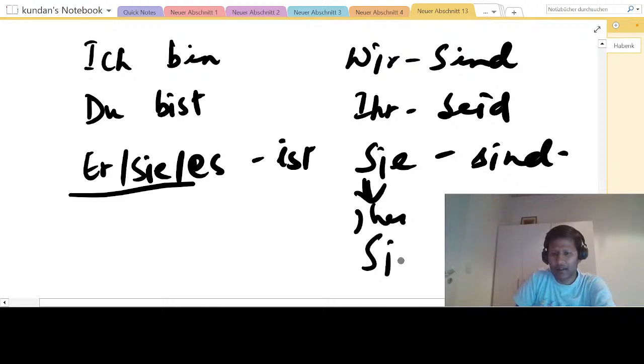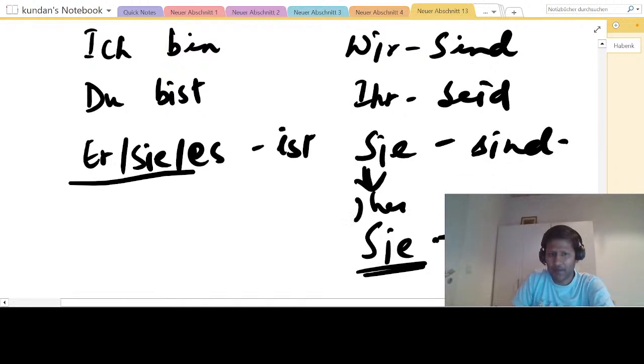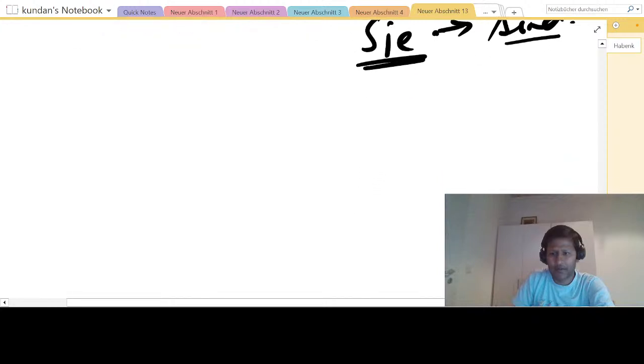And this formal Sie, aap in Hindi, that is Sie, this also sind. This part is clear, and let me go to the next.